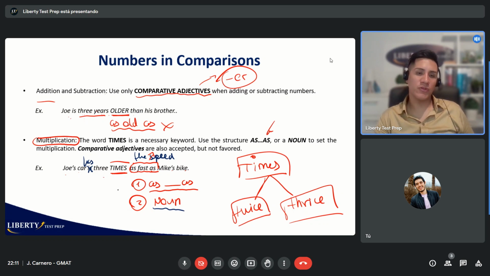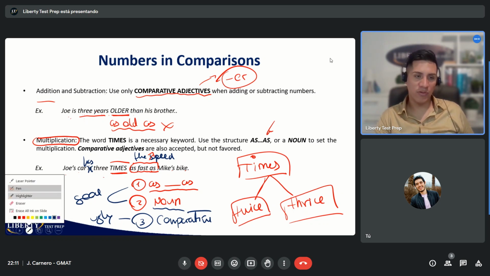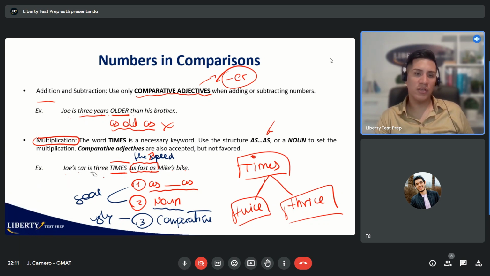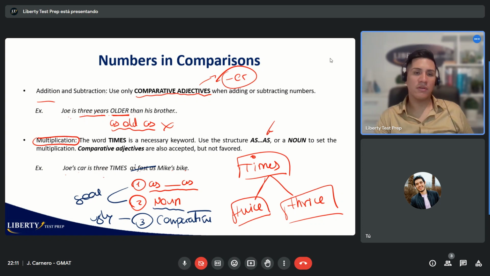Okay, those are good. Now the third one is ugly. Okay, ugly, but it's not totally wrong. You can have a comparative adjective also, but usually it's ugly. So instead of saying Joe's car has three times the speed or Joe's car is three times as fast, you can say Joe's car is three times faster than Mike's bike.